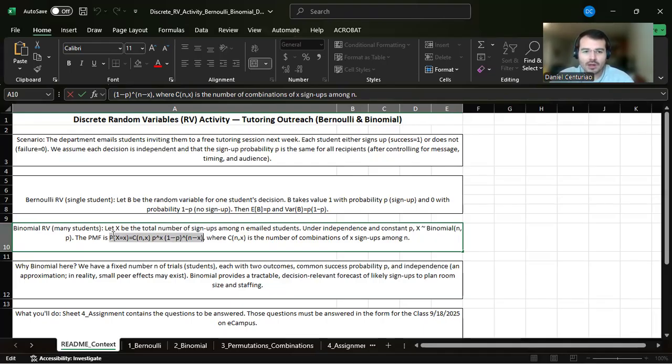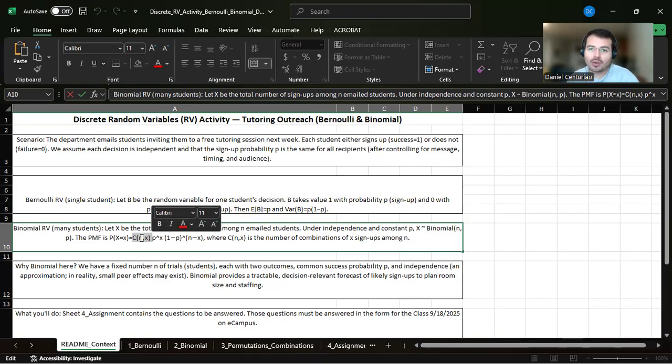I'm going to explain this formula in more detail in class, when I show you this formula in Excel. But note that the first part of this formula is actually a combination. Here is how combination starts to play a role in distribution functions, combinations and permutations. We're going to see other types of distributions where permutation also plays a role.